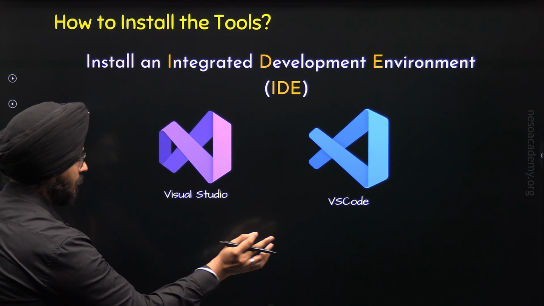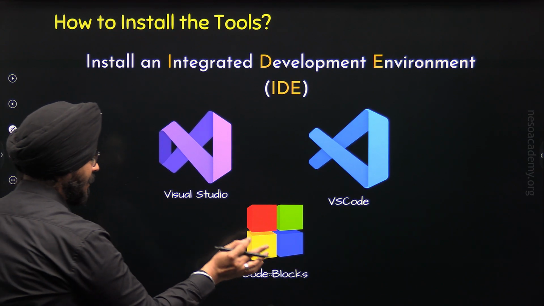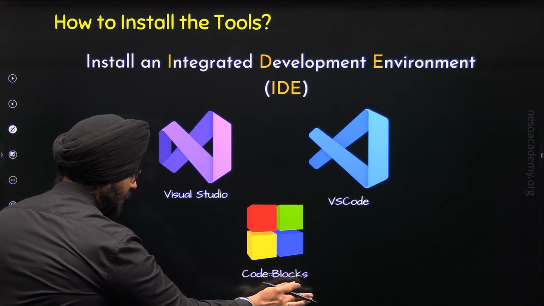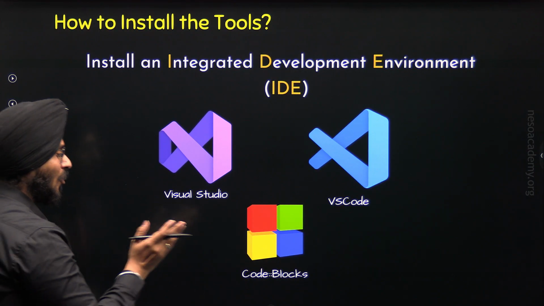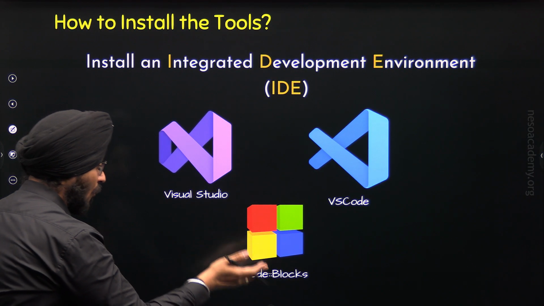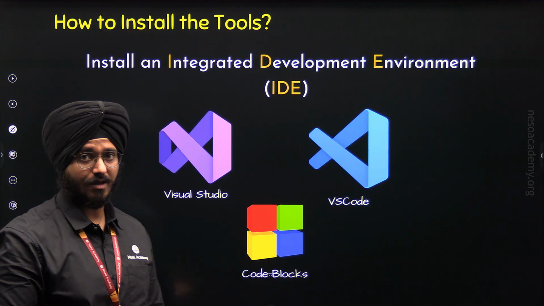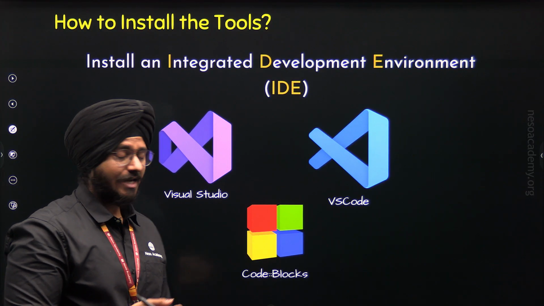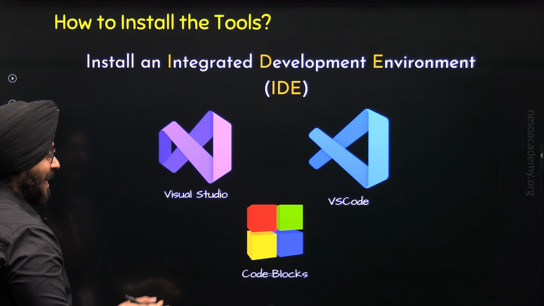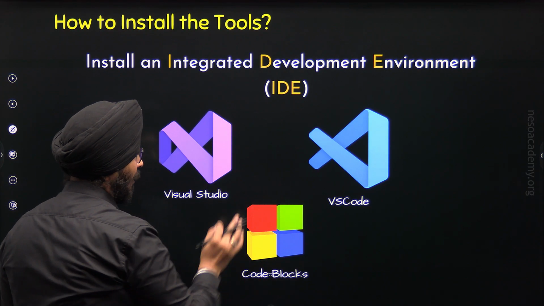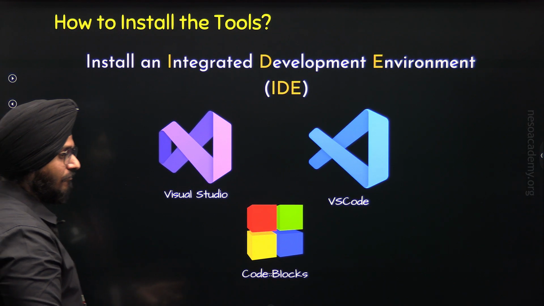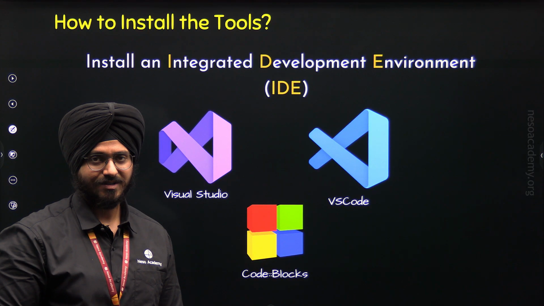Now let's move to the third IDE. The third IDE is Code Blocks. It is also lightweight, open source, and available for all systems such as Mac, Linux, and Windows. And the most important thing is, configuring this specific IDE is quite simple for C++ development.